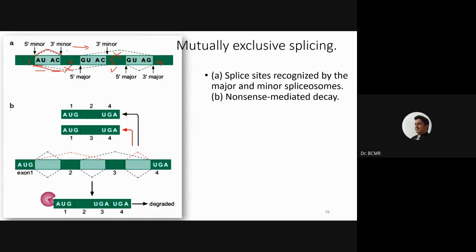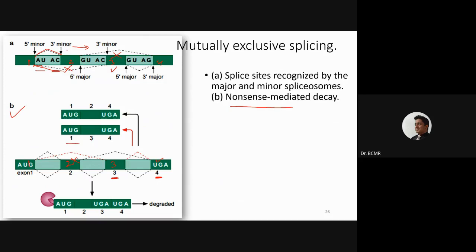There is another one which we will discuss in the later classes: nonsense mediated decay. So here it is about which one is included. Either exon 3 or exon 4 is included. Okay. So the red line ones: exon 1, 2 is skipped, and 3 is included, and 4 is included, right?